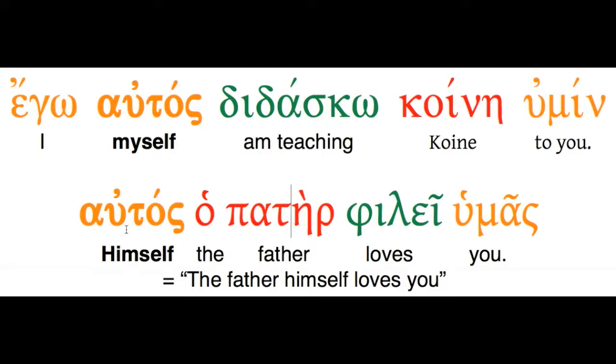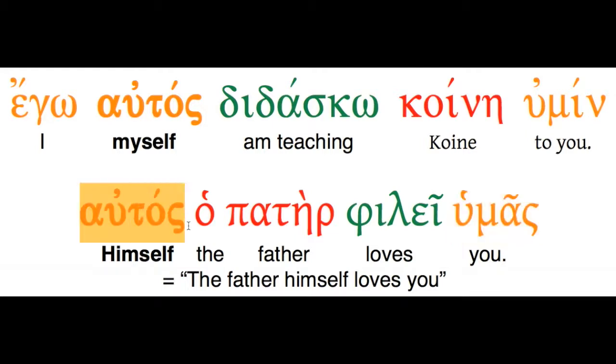Okay, now again, if you just transliterated that and you went to your chart, you would say, he, the Father, he loves you. Oh, by the way, see that? Hopefully you recognize it. Second person personal pronoun again from our last lesson. It's in the accusative case because it's receiving the action of the verb, right? The Father loves you. Okay, but again, that's not what we're talking about.